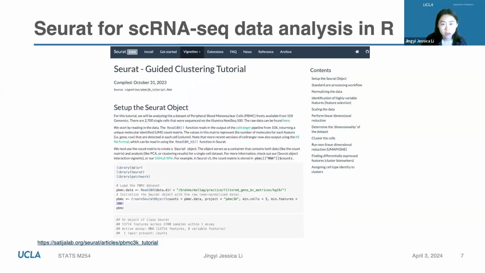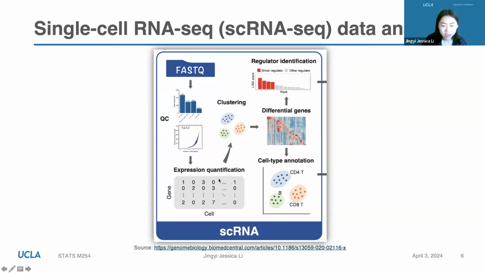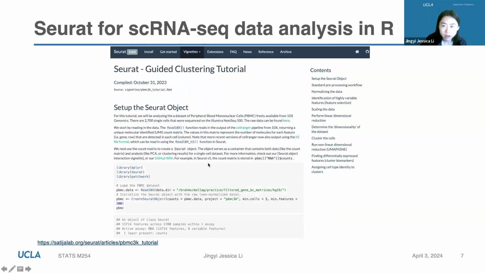I hope it's clear. So for today, we will focus on the quality control step in Seurat. And this quality control is after we get the count matrix. Seurat is probably the most widely used pipeline software package for single-cell RNA-seq data analysis because it's a multi-year group effort with many software engineers involved. So Seurat is like an app store.